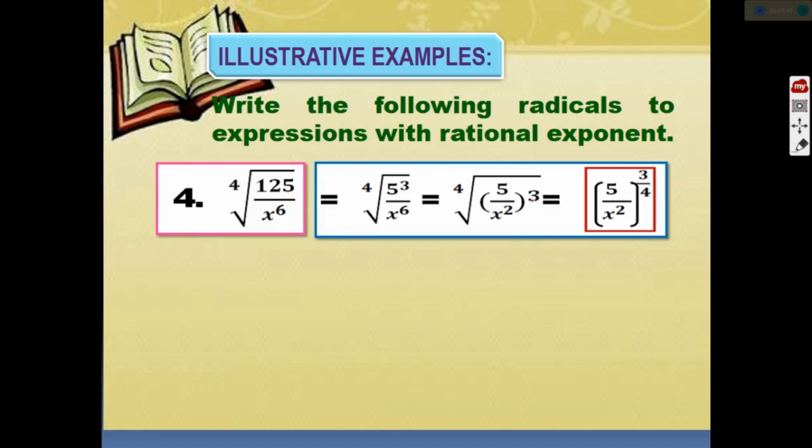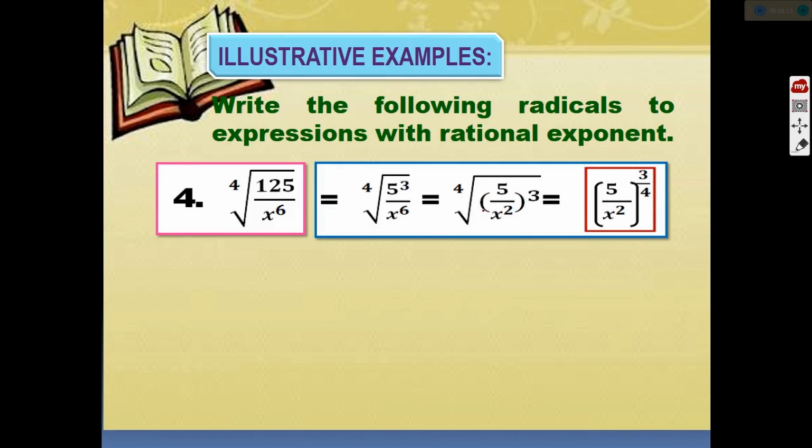So, nilabas na yung 3. So, matitira sa loob ay 5 over x squared. Bakit? Kasi yung exponent ng 5 na 3, inilabas na. So, 3 divided by 3 ay 1. So, 5 raised to 1. Yung sa x naman na exponent ay 6. I-divide nyo by the GCF 3. So, ang matitira na lang 6 divided by 3 is 2. Kaya x squared.